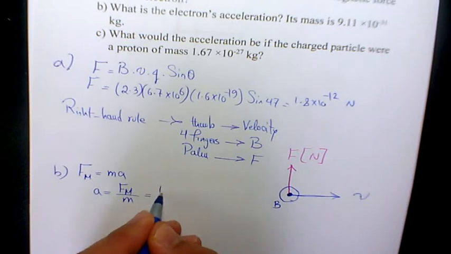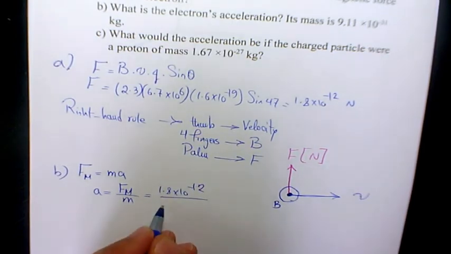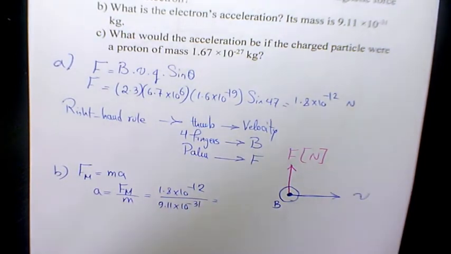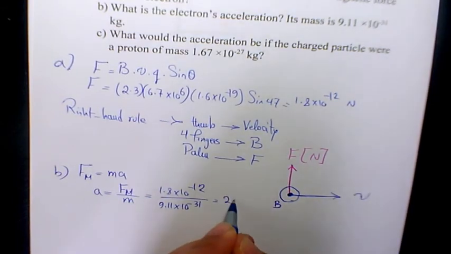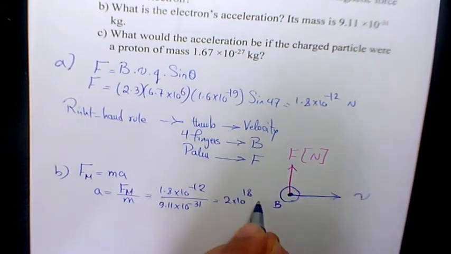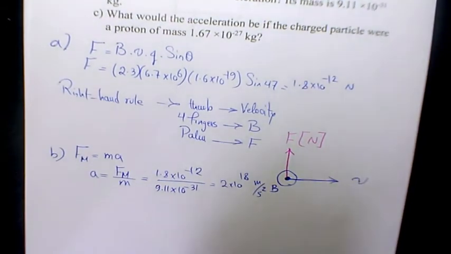Magnetic force we calculated 1.8 times 10 to the power of negative 12, and mass in terms of kilograms is 9.11 times 10 to the power of negative 31. That will be almost 2 times 10 to the power of 18 meters per second squared. That's the unit for acceleration.